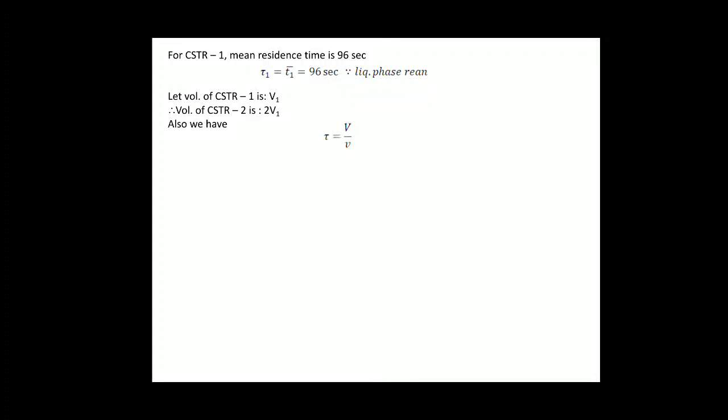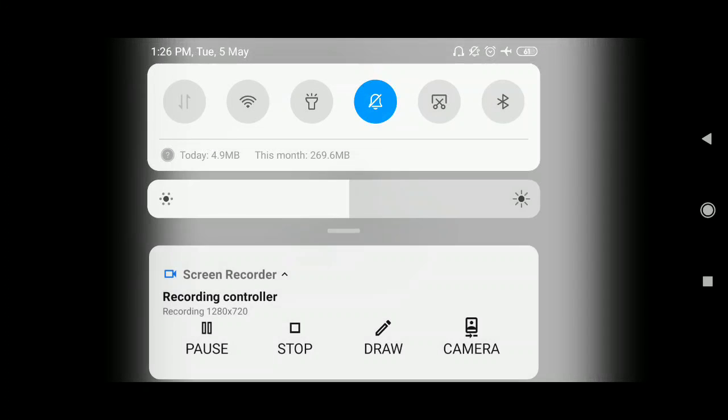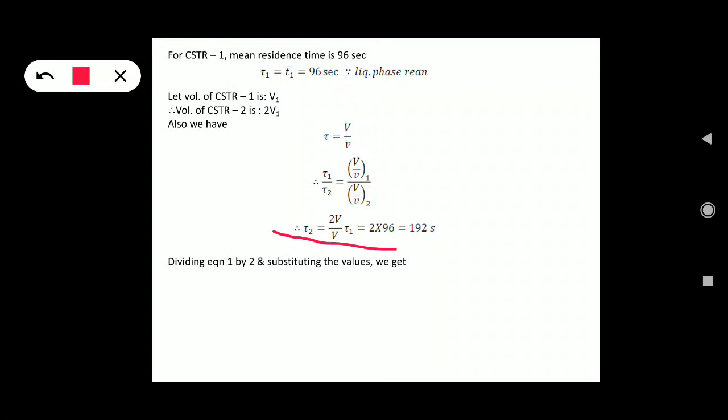And we know that tau is equal to V by V naught, that is volume upon volumetric flow rate. So if I take tau 1 by tau 2, that is the space time in the first reactor upon the space time in the second reactor, and substitute, we get tau 2 is equal to 2V by V into tau 1, which is 2 into 96, because the space time in the first reactor is 96. So the space time in the second reactor will be 192 seconds. Okay, now we have all the unknowns.